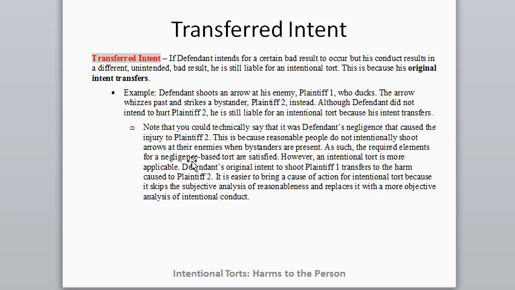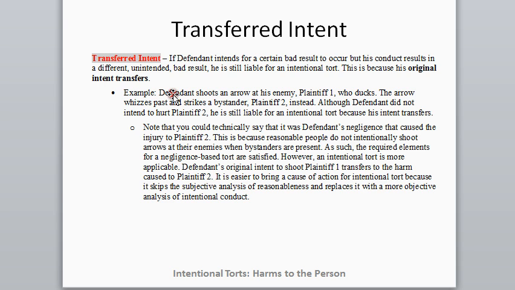But anyway, if the defendant does something bad and has an intent to do that, he's liable for anything else that happens. And what I was going to say was this. The benefit here is that, again, it's easier to prove an intentional tort in court than starting to have to do things about reasonableness and negligence and the jury and all that.